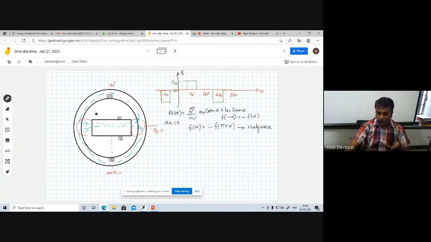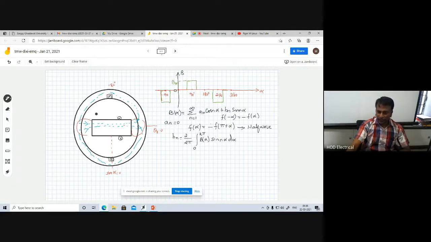Then when we analyze this waveform, f of alpha is equal to minus f of pi plus alpha. For this odd function waveform, we will write Bn is nothing but 2 by 2 pi integral 0 to 2 pi b of alpha into sine n alpha into d alpha.